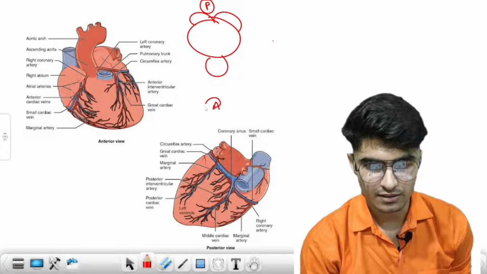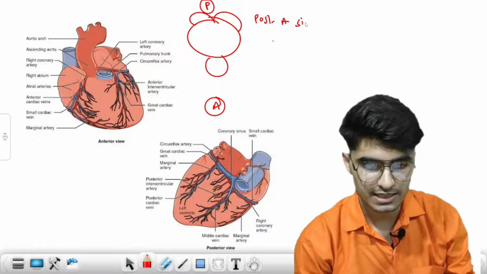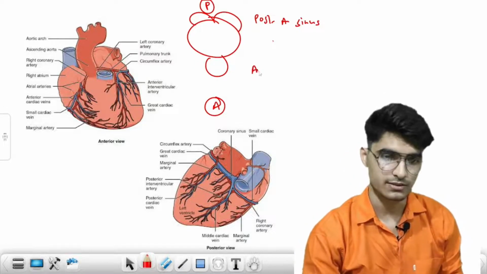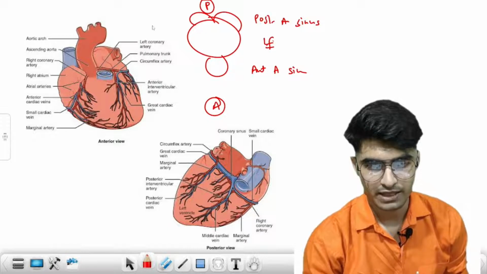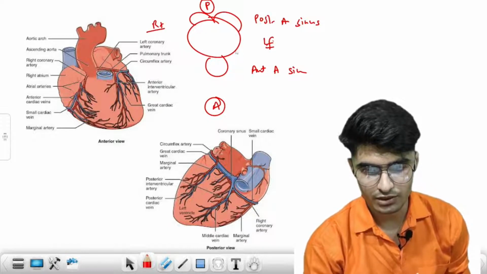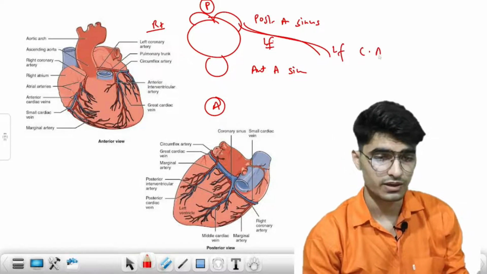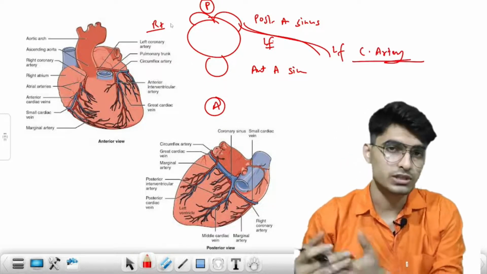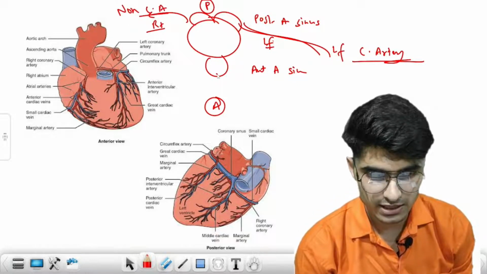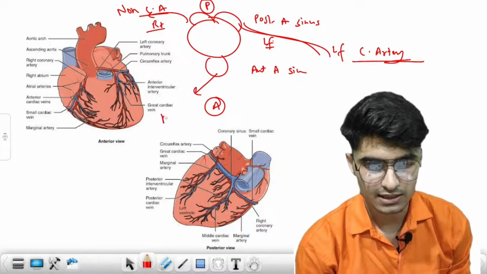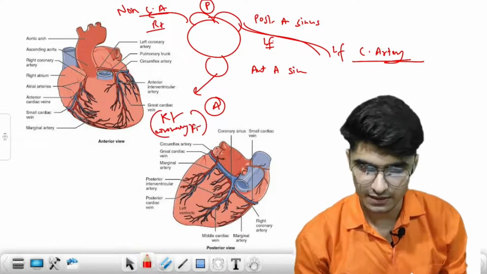These are the aortic sinuses, two posterior aortic sinuses and one anterior aortic sinus. The left posterior sinus gives the left coronary artery, the anterior sinus gives the right coronary artery, and the right posterior aortic sinus is the non-coronary sinus. These are the aortic sinuses, two posterior and one anterior. Okay, these are the origins.